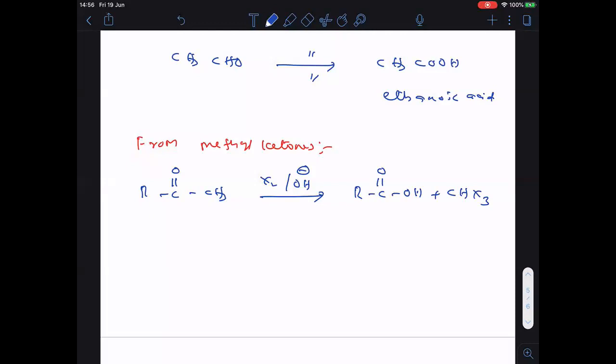Iodoform is a yellow colored precipitate. Clear?